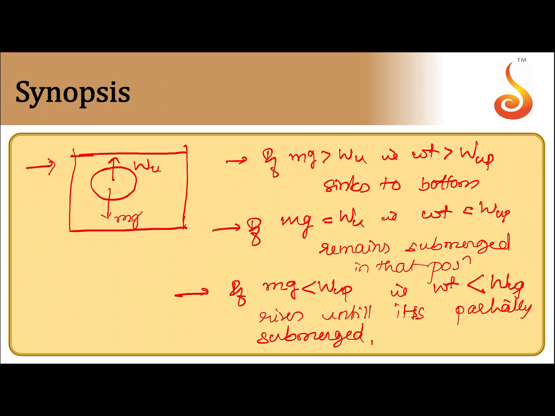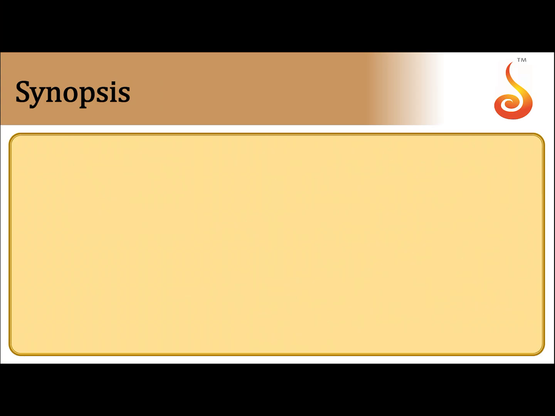And if the weight is less than the upthrust, the object starts rising until it is partially out of the liquid, and it starts floating partially submerged. So this is how you analyze the three cases of the object submerged inside the liquid.